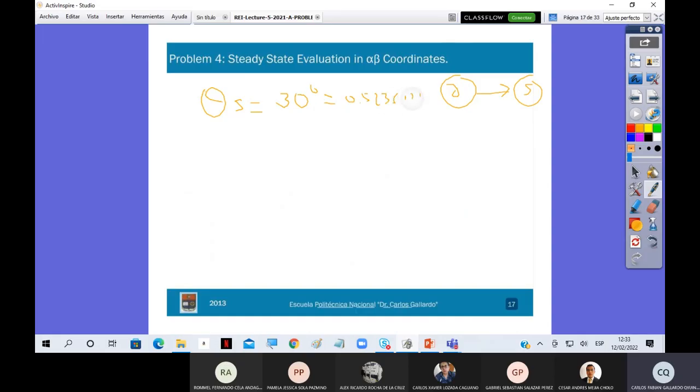This is the conversion factor, 180 degrees by pi radians, so I will get theta S in radians. And besides, in order to compute theta, I will apply the integral of the speed. This is the stator speed, the synchronous speed, the differential, and this is equal to the speed times t.